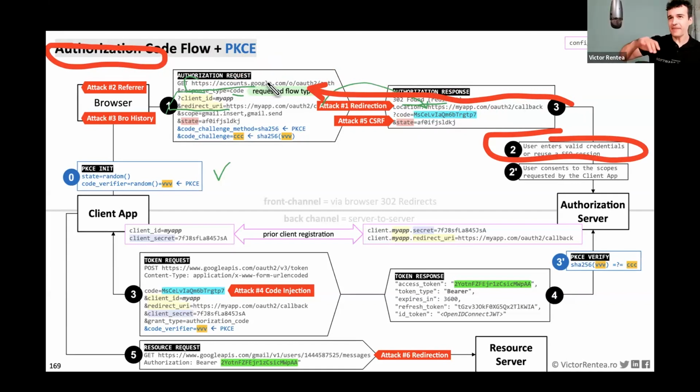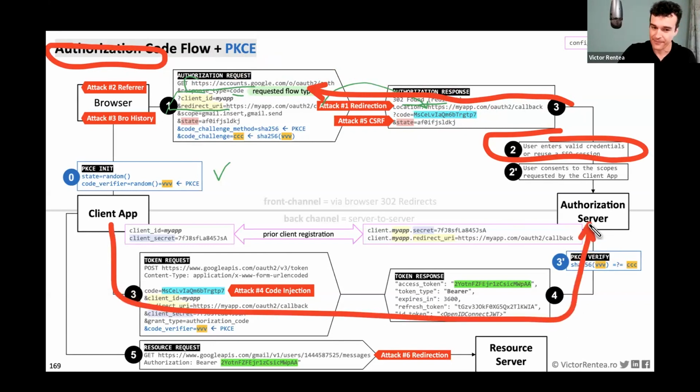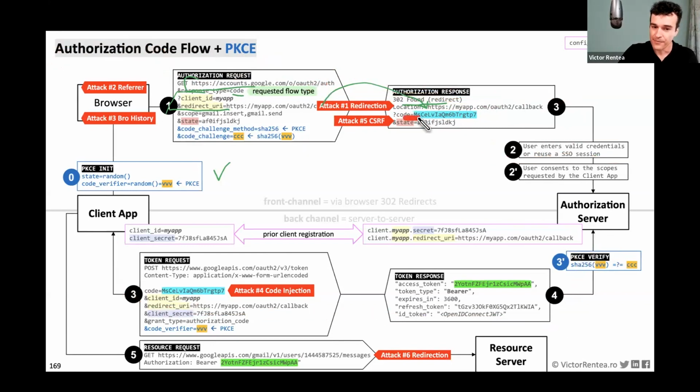And then they will need one more attack to be able to redeem that code for an access token. It's still not done. They still have to hack this path. They got the code though. So one of the first attacks is the authorization server not matching precisely or incorrectly matching the redirect URI in the authorization request.